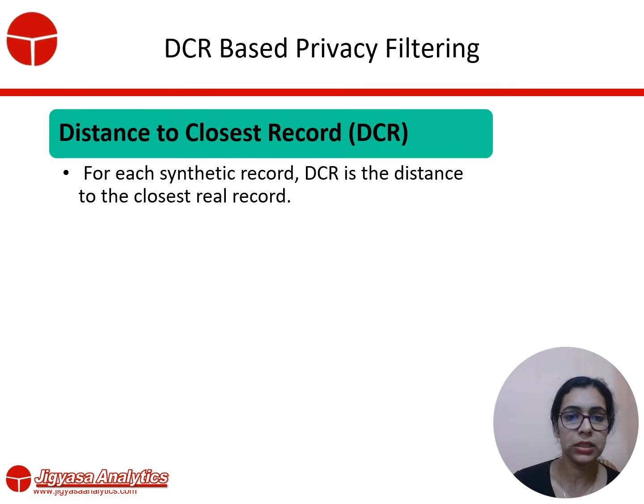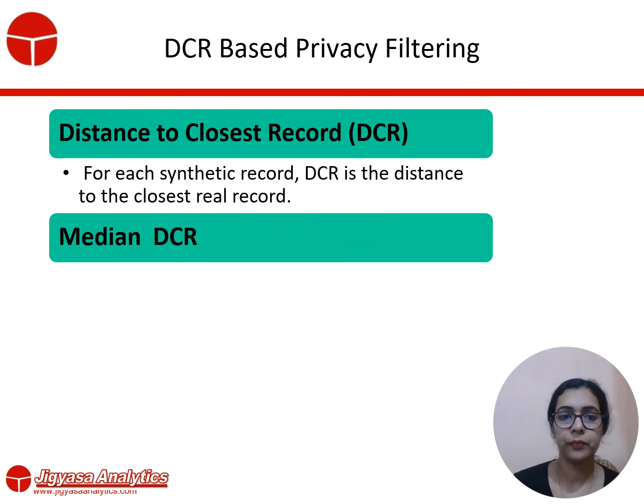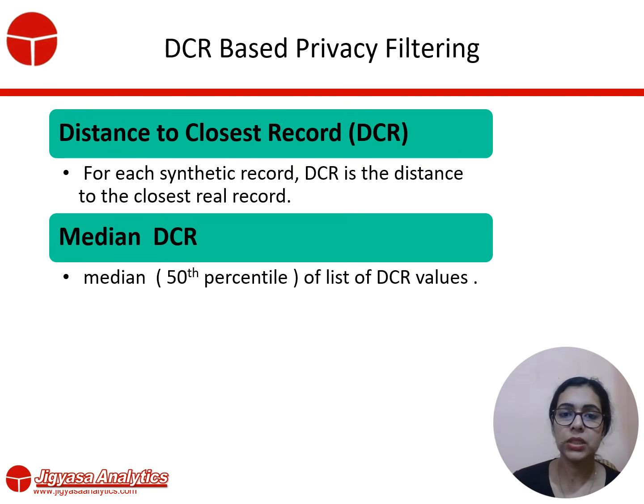We want this distance to be a bigger number. We also look at the median DCR, which is the middle value when we list distances for all records in the data. A high median DCR means most synthetic records are far from real records, so privacy is well protected for the dataset.